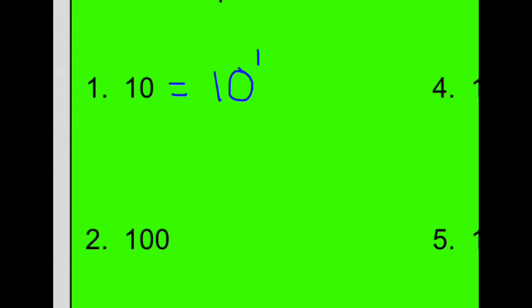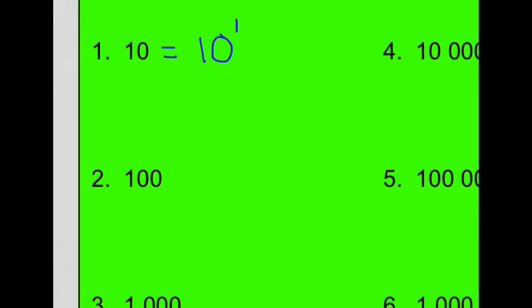Now if I apply that same idea to number 2, if I can break down 100 into tens using multiplication, it would be 10 times 10. And that would be 10, since there are 2 of them, to the power of 2.